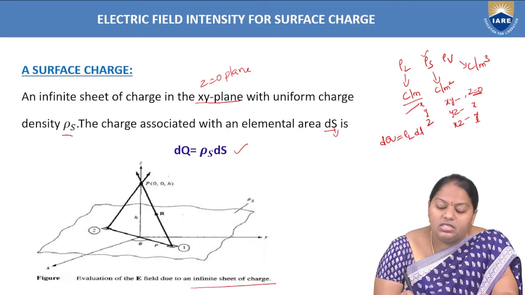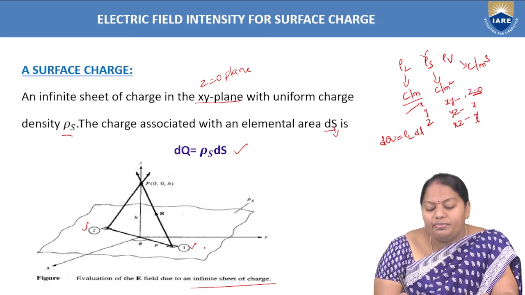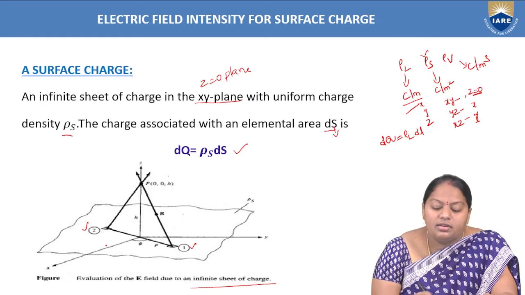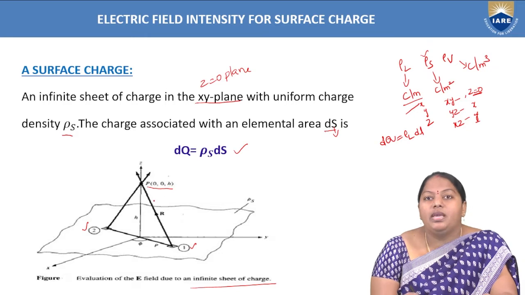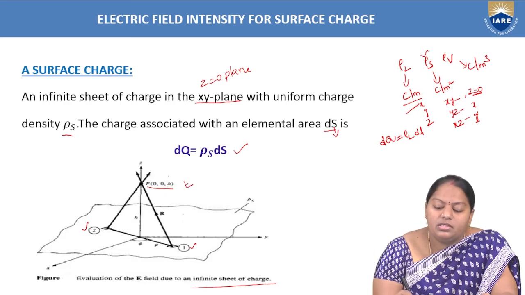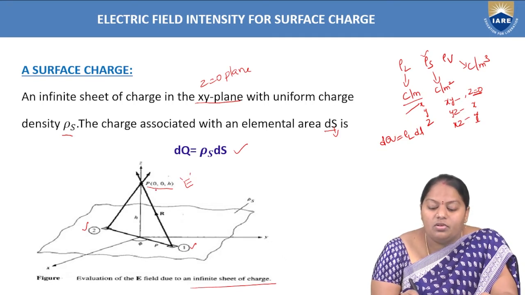Here we have considered two planes, plane 1 and plane 2, meaning surface 1 and surface 2. The point P in the figure is the field point where we are going to estimate the electric field intensity E, located at the point 0, 0, H.